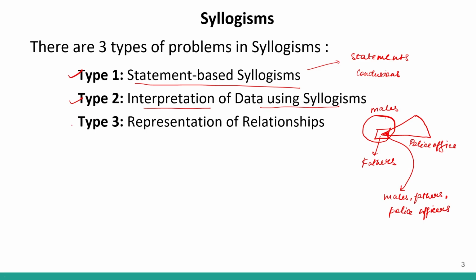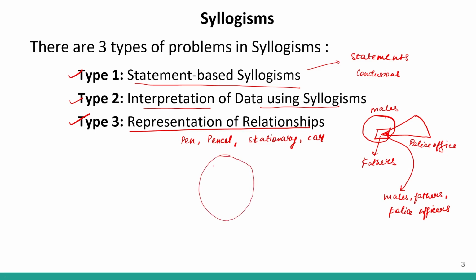Then we have type 3, that is representation of relationships. What do you mean by that? For example, I have to showcase the relationship between a pen, pencil, stationery and a car. There are four objects. Basically, stationery will be the bigger circle, correct?